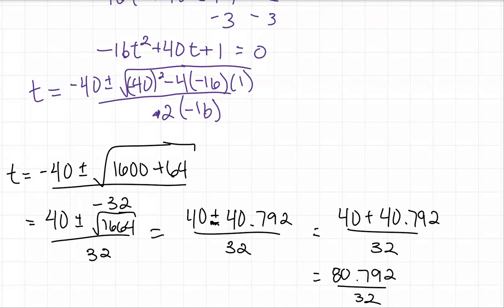Our calculator says that, oh, sorry, I mistyped in the calculator. There we go. Our answer is going to be about, let's use squigglies because it's not exact, 2.53 seconds is our t value.